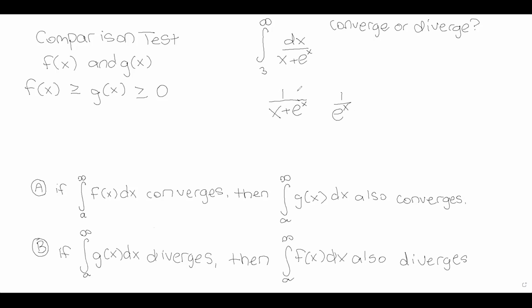This one would just get smaller over time, much smaller than the one on the right. Does 1 over e to the x converge or does it diverge? I believe it would converge, because as we take larger and larger x values, this would just approach 0.